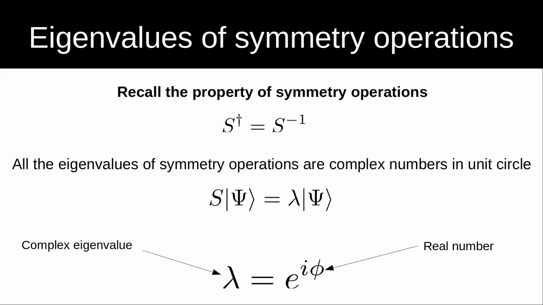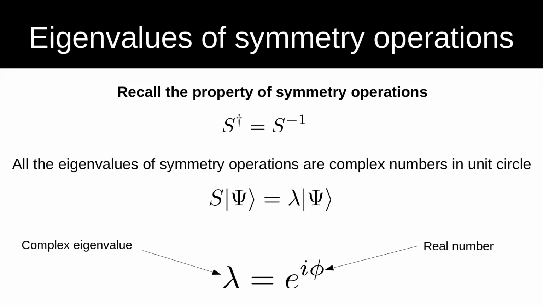In general, symmetry operators have eigenvalues for any eigenfunction. The most important thing about these eigenvalues is that they always have norm 1, because they need to conserve the norm, and in general, they are complex values.